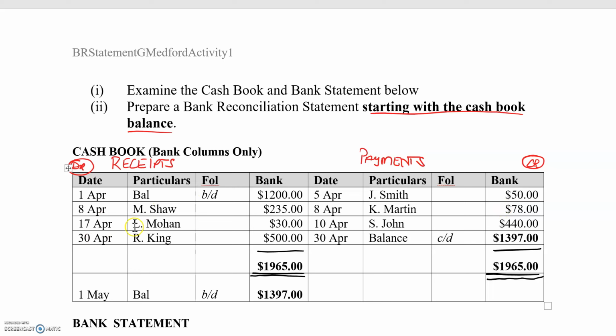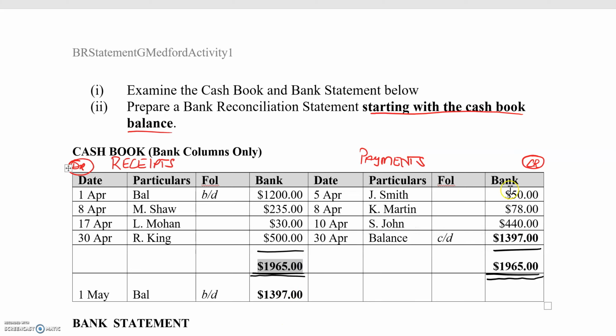The 17th of April, L. Mohan, $30, receipt. 10th of April, S. John, $440, payment. 30th of April, R. King, $500, another receipt.